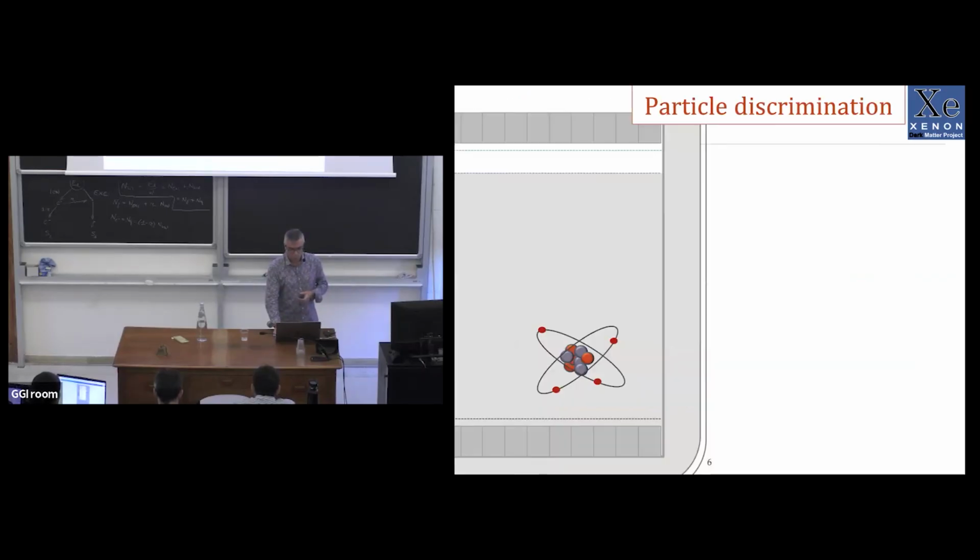Plus, we also want to have particle discrimination, and this is done through the ratio of the S1 and S2 signal. Usually, we use the ratio S2 over S1, that is related to charge versus light.